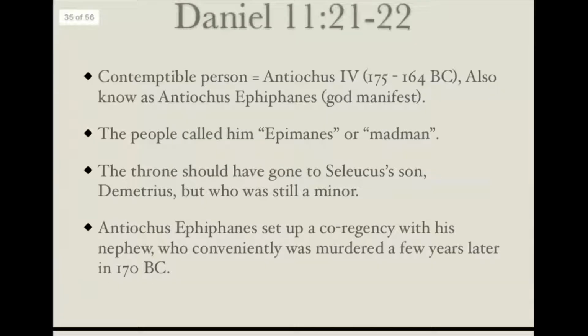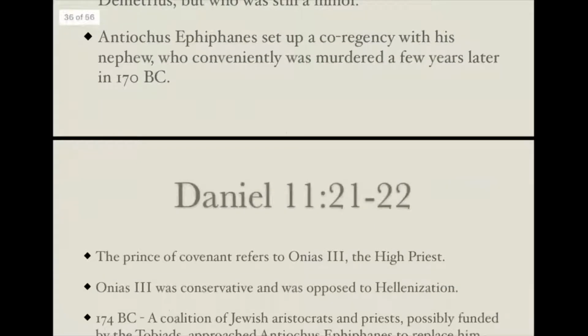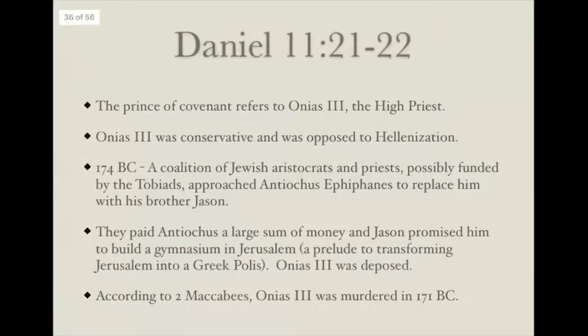Now, one interesting thing that it talks about here is the Prince of the Covenant, referring to Onias III, the high priest. One of the things about Antiochus Epiphanes is that he was really bent on spreading Hellenism throughout his kingdom.